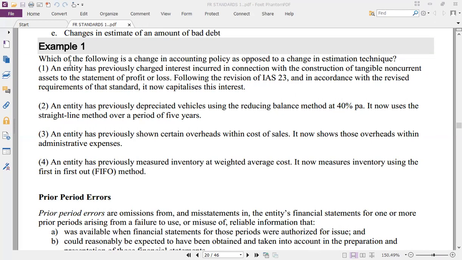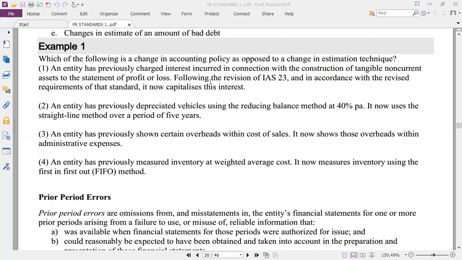Following the revision of IAS 23 and in accordance with the revised requirements of that standard, it's now capitalized this interest. So does this amount to a change in accounting policy, or a change in accounting estimate, or is it an error?